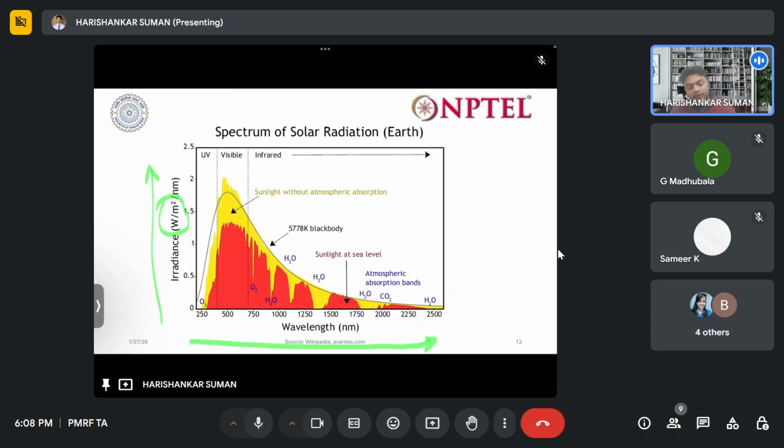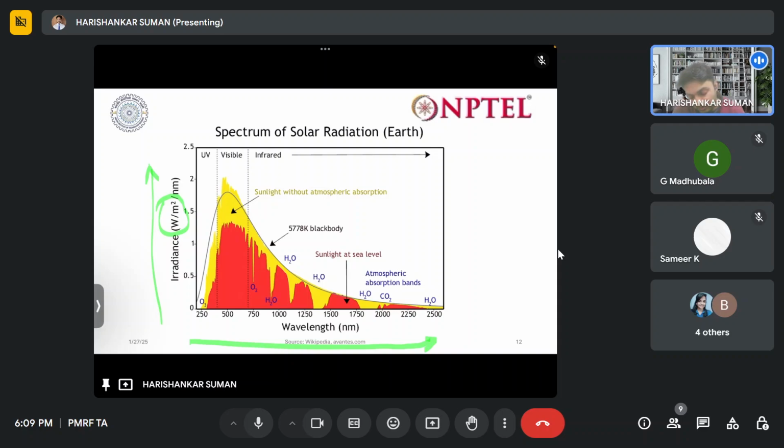So let me ask one by one. Where is the maximum irradiance, in which range, in terms of wavelength, please? Anyone please tell me. Yes, please. You can see 250, 500, 750, 1000 in the nanometer range.